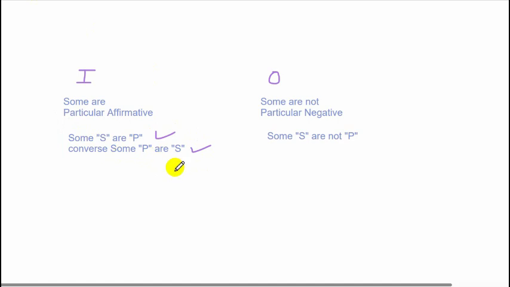The meaning has not changed. This is what we use converse for, to say one thing in multiple ways.